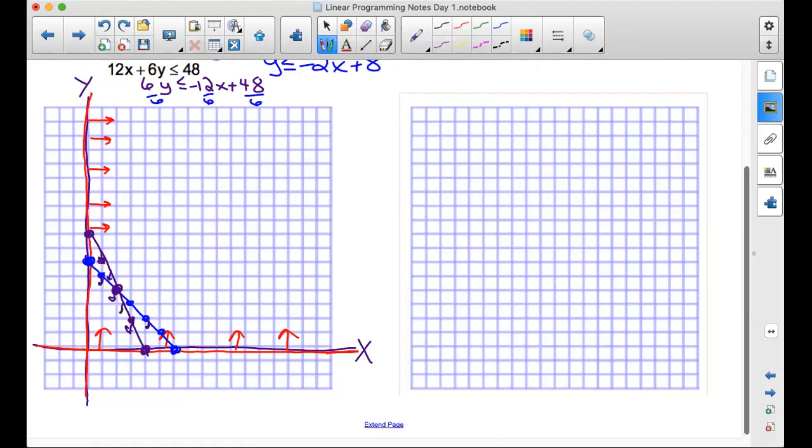So if I'm underneath my blue line and underneath my purple line, the region, and just be careful up above. It's now this quadrilateral region.